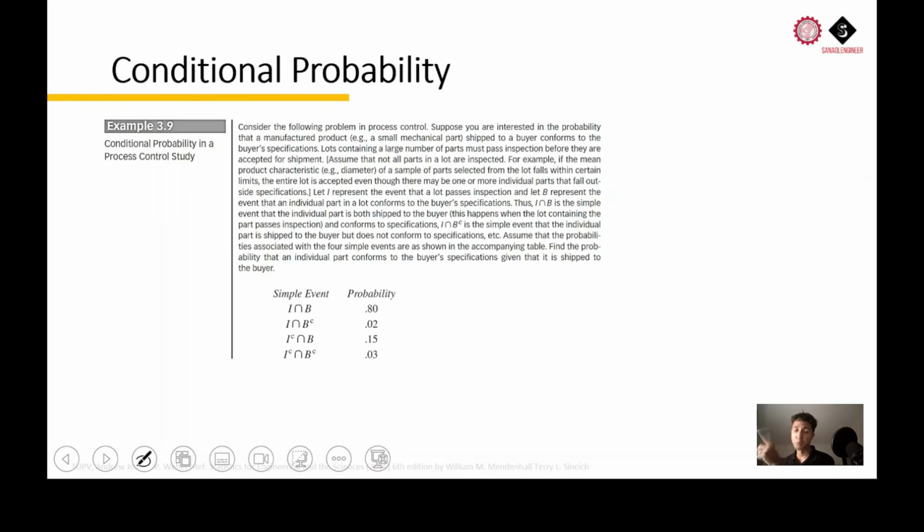I intersection complement of B means the lot passed inspection, but the customer or the buyer is not okay with it because he or she found one or two components that are defective. The question is, what is the significance or the meaning of the other two simple events? The intersection of the complement of I and B, and the intersection of the complement of I and the complement of B. Okay, you may pause the video if you want to answer by yourself.